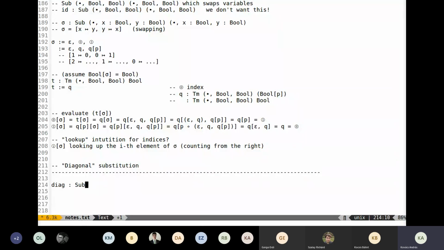Let's call it dia. So it goes from, and this is a very specific case of a diagonal substitution, because it goes from bool to bool.